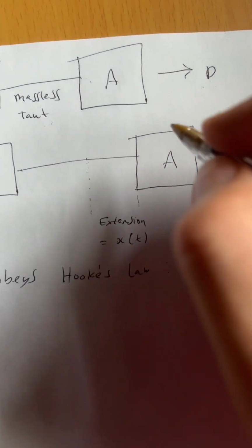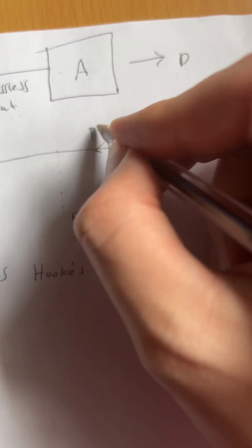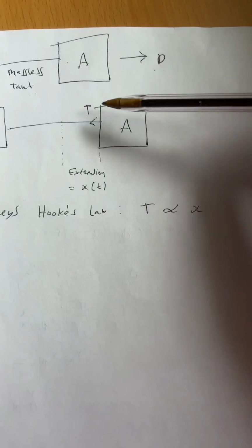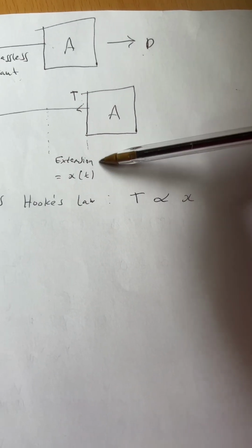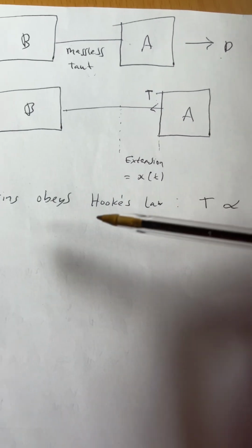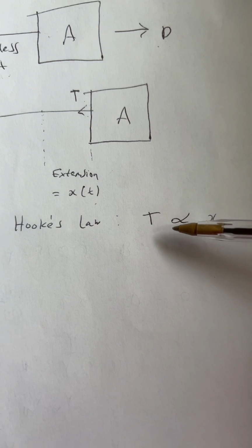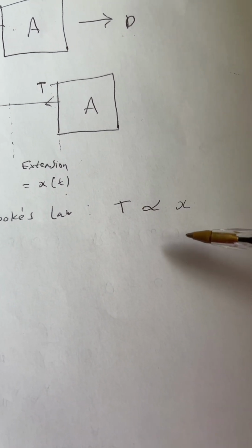What that means is that the tension that A feels going against it will be directly proportional to the extension. Again, you don't need to know this for A-level maths, but that is just true for Hooke's law. So if the extension changes as time changes, then the tension changes as time changes.